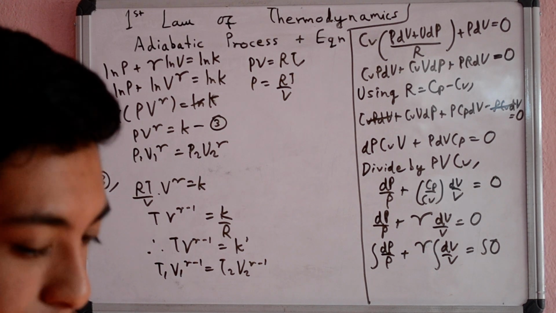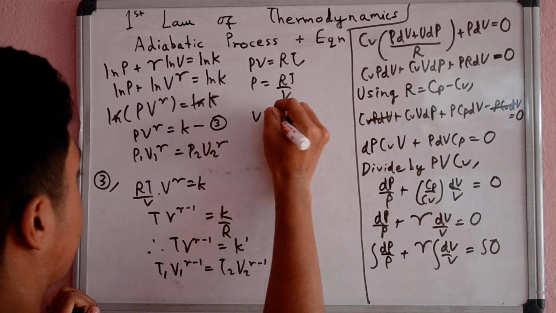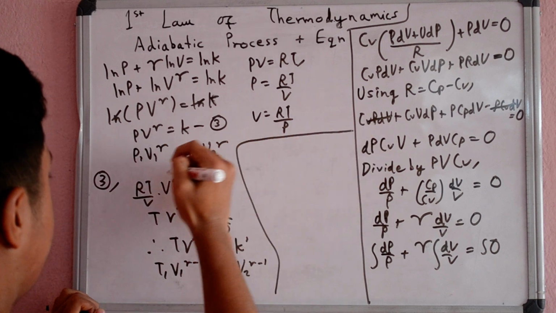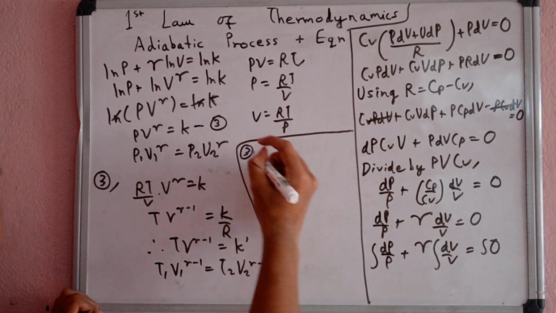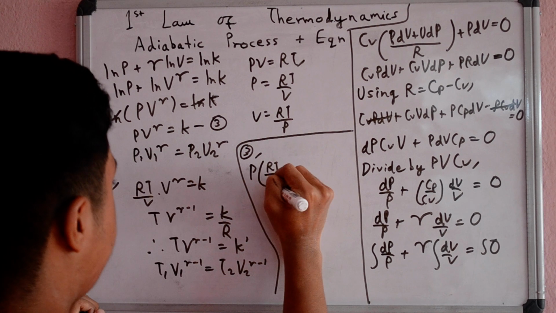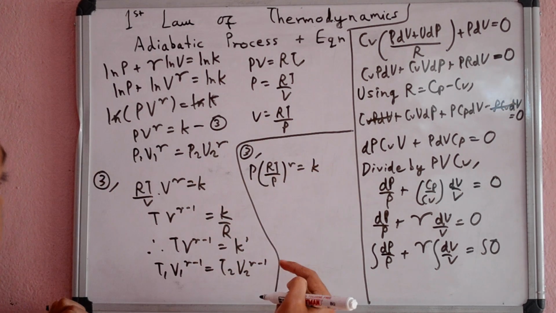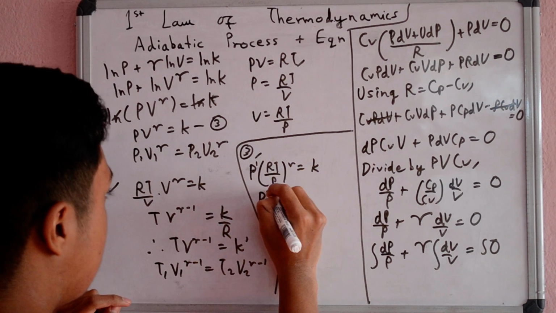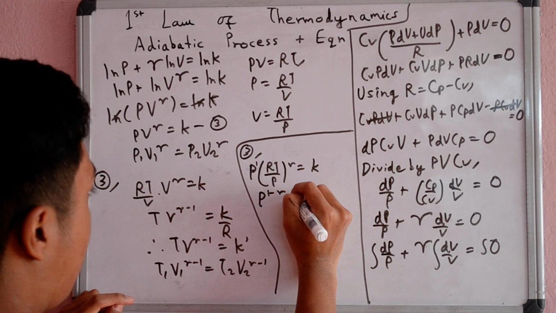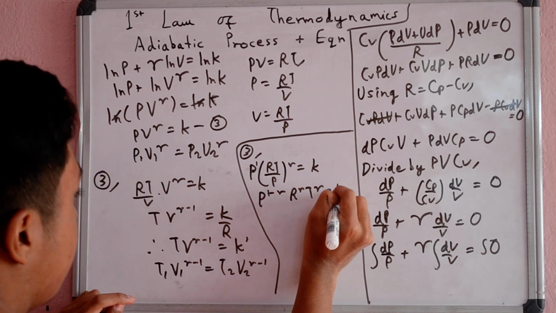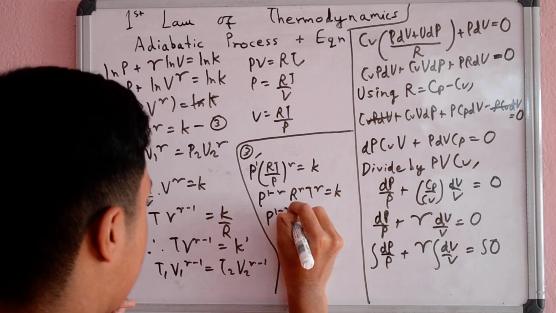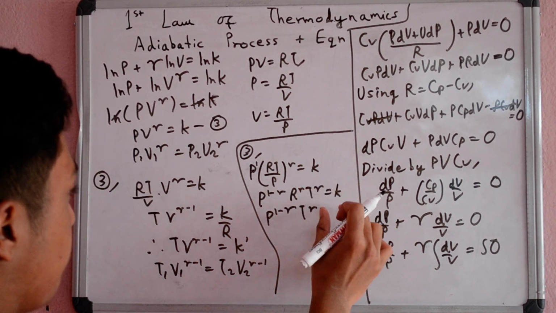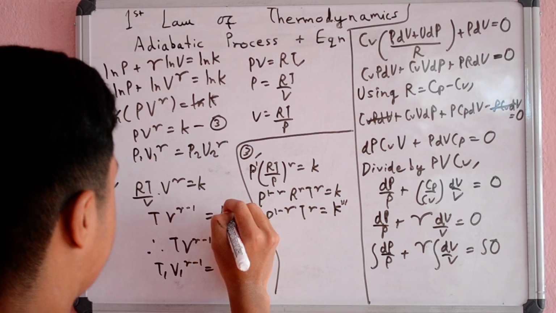Again, from there we can also have volume equals RT/P. So in equation 3 this becomes P (RT/P)^gamma equals K. This is pressure to the power of 1 and pressure to the power of minus gamma, so P^(1 minus gamma) R^gamma T^gamma equals K. R^gamma is constant and K is constant, so this is just another constant.